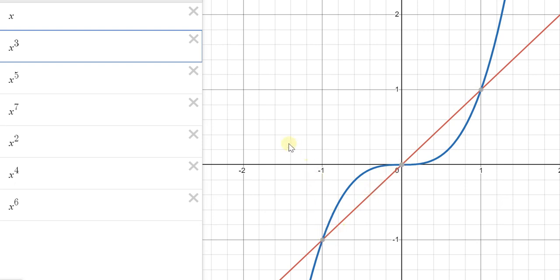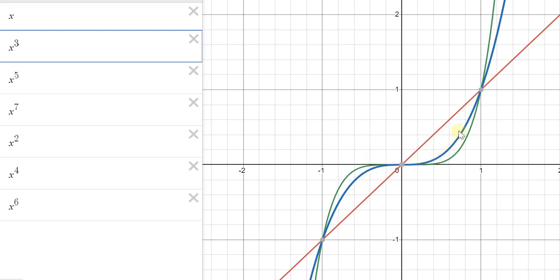Now let's bring x to the 5th into this mix and look what happens. And there is the graph of x to the 5th, the green one. The graph of x to the 5th also goes through those key points: (0, 0), (1, 1), (-1, -1). But look at how it's behaving in and around the origin.